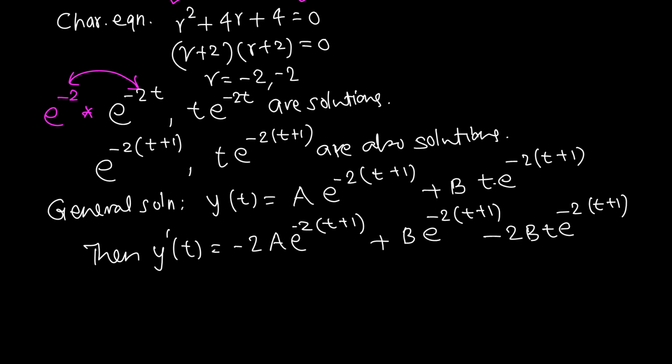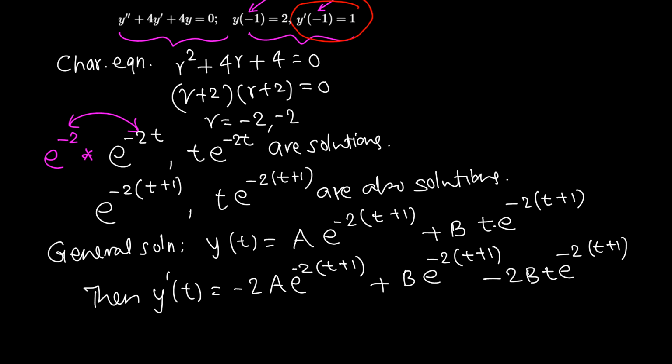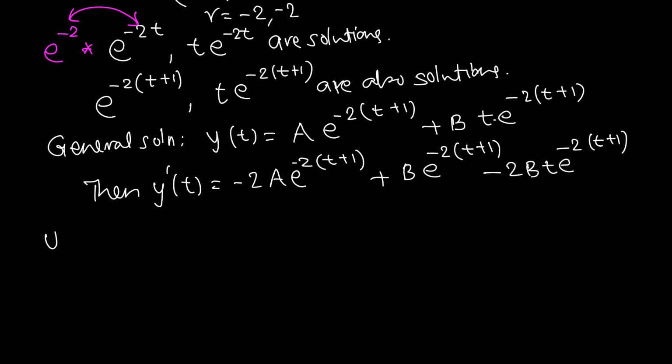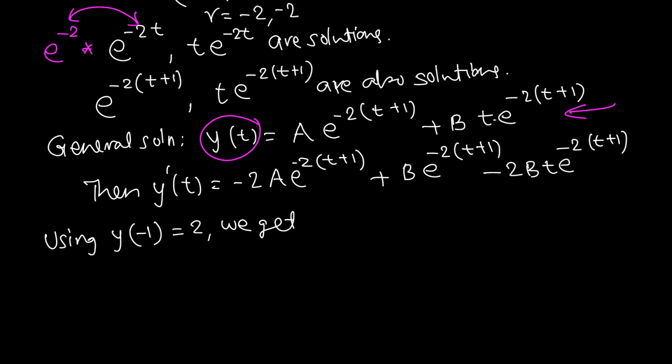Now using the first initial condition, which is y at negative 1 equals 2, we use this here in this equation. So y value is 2 when t is negative 1, so this is a times e raised to negative 2 times negative 1 plus 1, which is 0, e raised to 0 is 1.